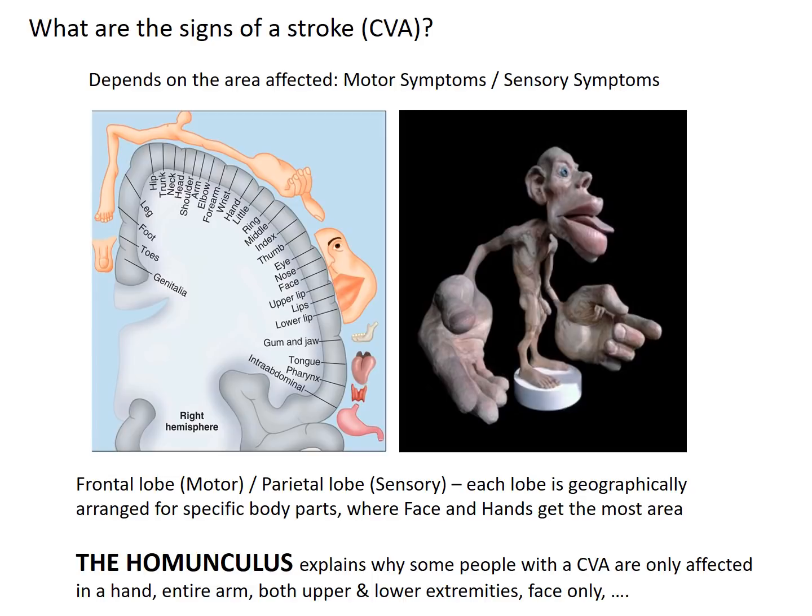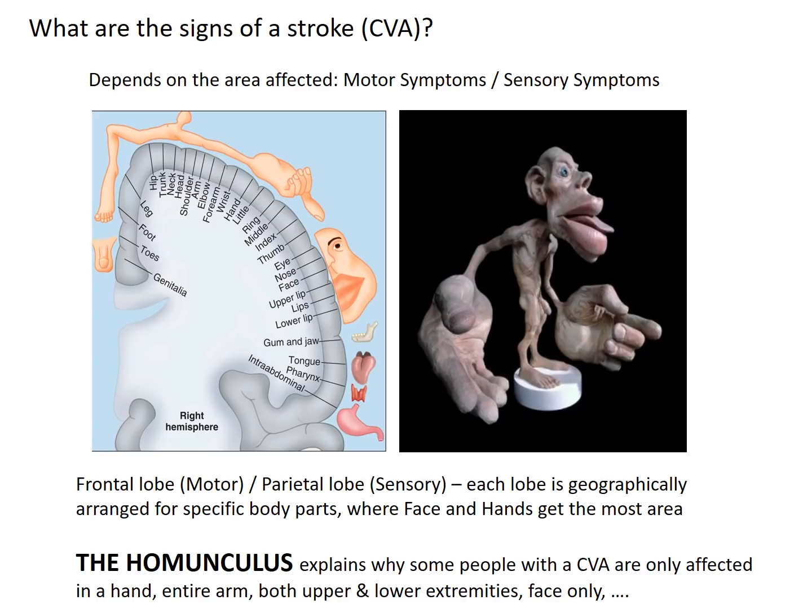A large stroke can affect multiple regions of the sensory and motor cortex, giving the individual diffuse symptoms, or an entire side of the body may be affected. A smaller stroke, which only affects a select region of the brain, may only affect one area of the body, such as one part of the face or just parts of the hand, right?